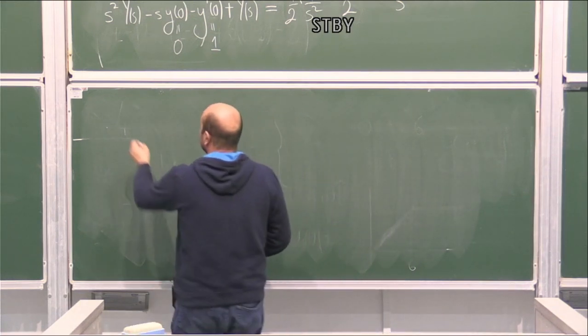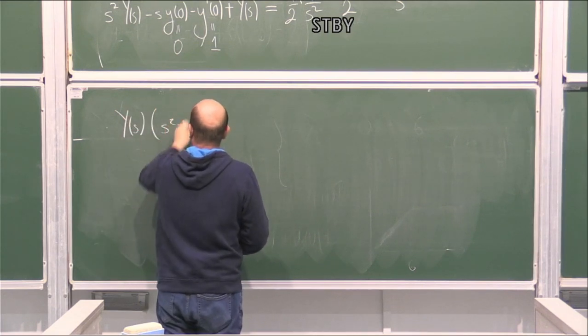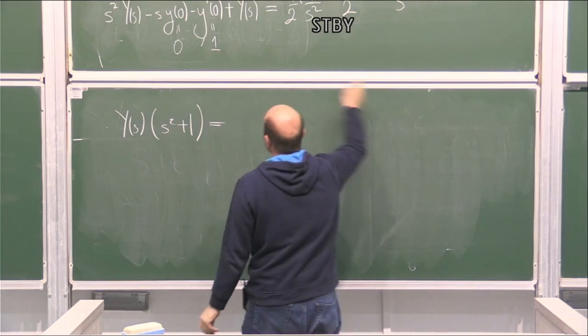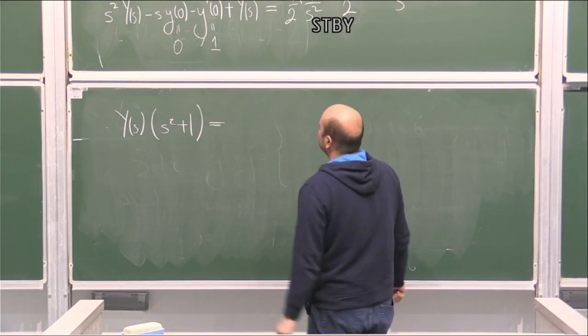If you take Y of s in parentheses, we have s squared plus 1. If you take everything to the other side, there's only one non-zero term here, which is minus 1; on the other side, it becomes 1.